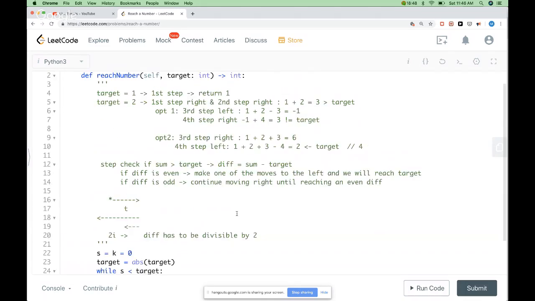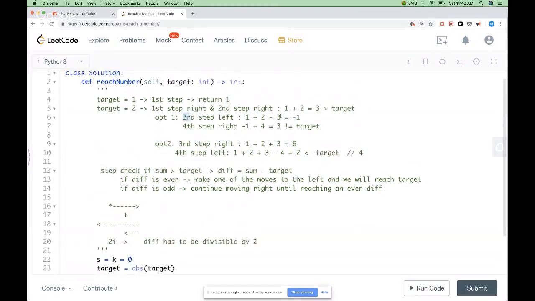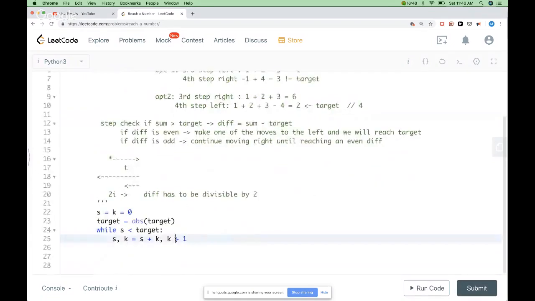So at each step we add the value of the step, right? And now if we get out of that loop and the sum is equal to target, then we found our solution. In that case, we can just return k minus 1.